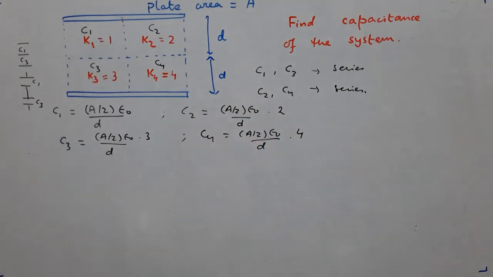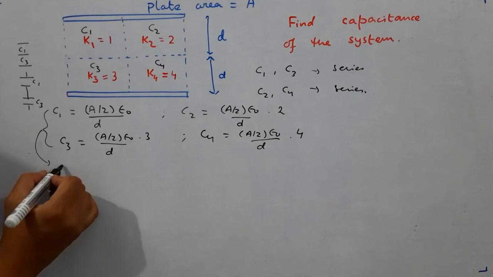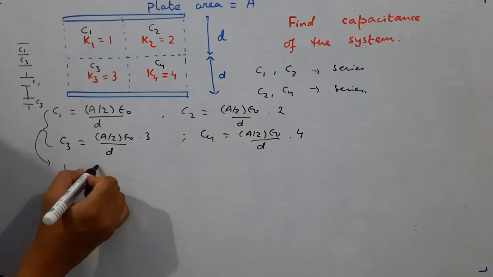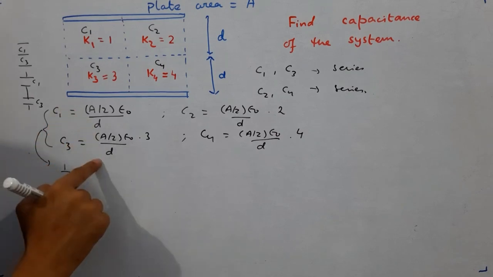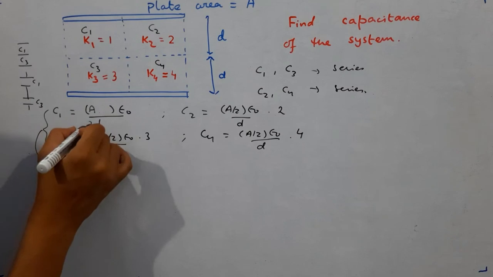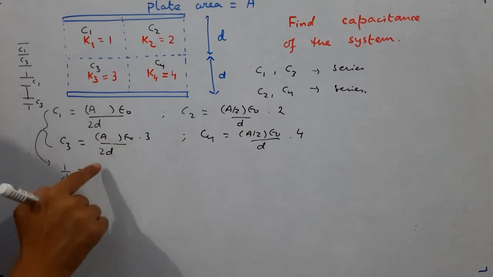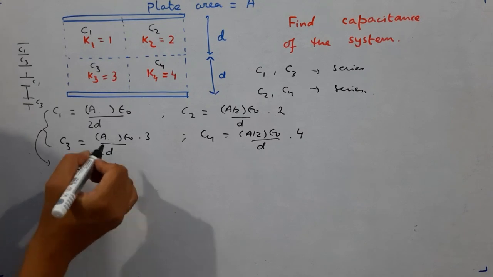Now C1, C3 are in series. Now I think students, you can do this question yourself. C1, C3 are in series, so their equivalent capacitance will be given as, suppose, 1 by C dash is equal to 1 by C1 plus 1 by C3. So 1 by C1 will become how much? See, this is A by 2 epsilon naught by D, so reciprocals, 2d upon A epsilon naught we can take common.